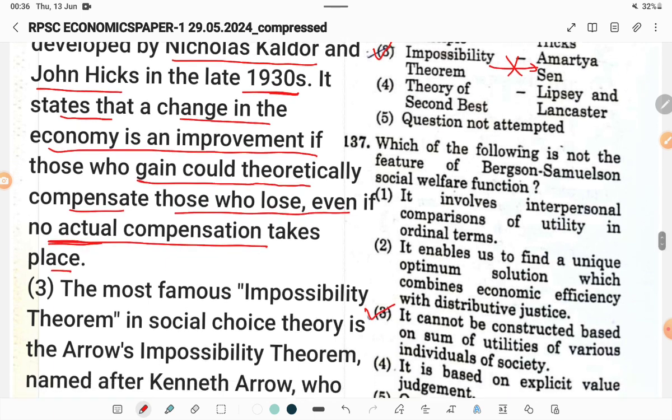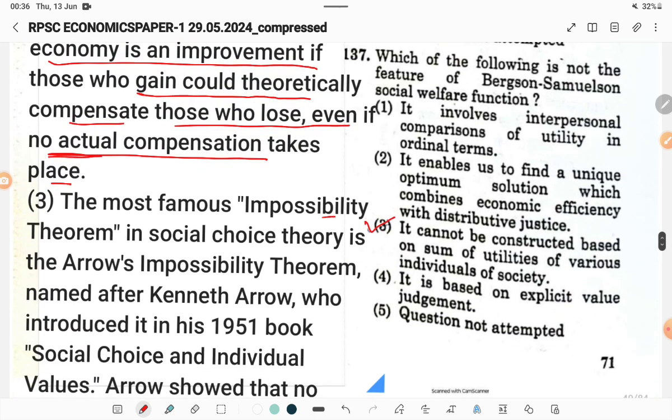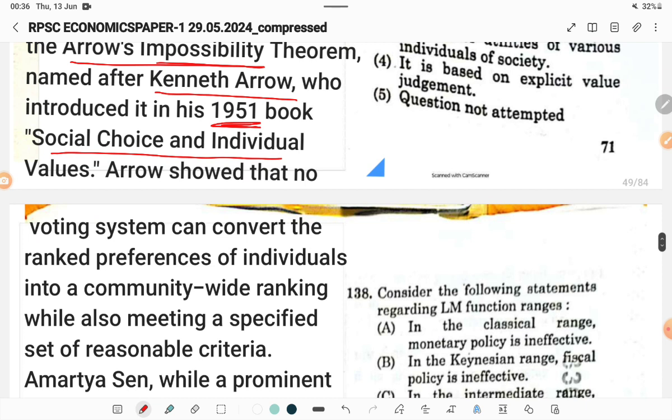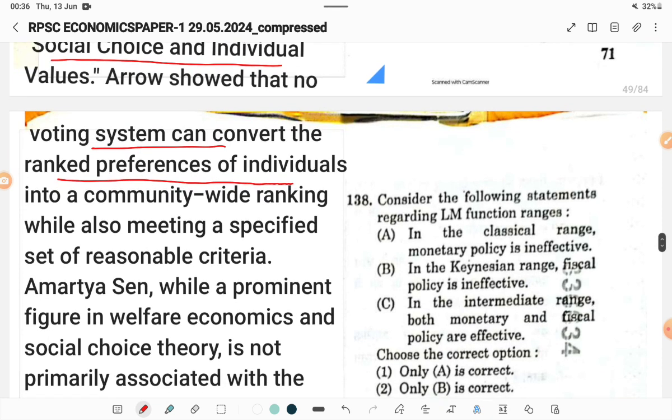And third, the impossibility theorem. The most famous impossibility theorem in social choice theory is Arrow's impossibility theorem, named after Kenneth Arrow, who introduced it in his 1951 book Social Choice and Individual Values. Arrow shows that no voting system can convert the ranked preferences of individuals into a community-wide ranking while also meeting a specified set of reasonable criteria.